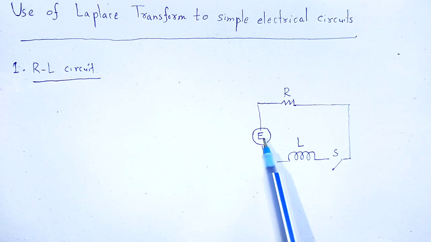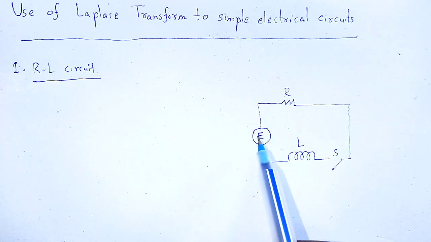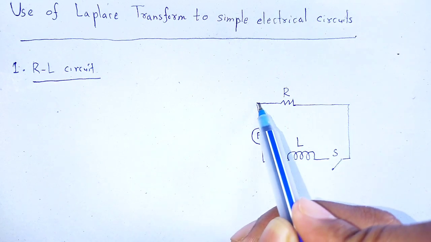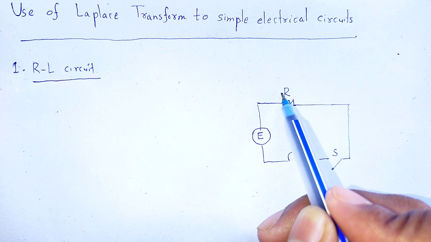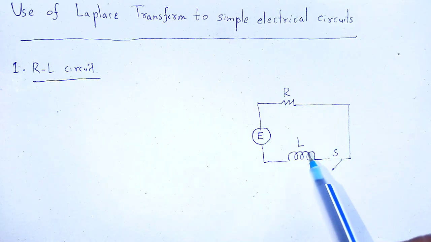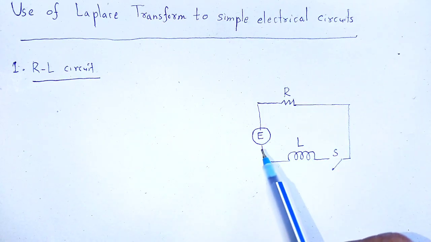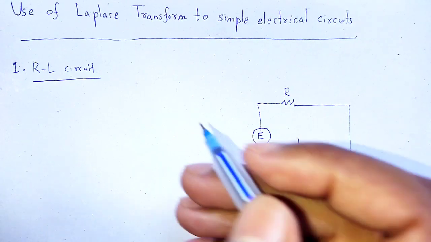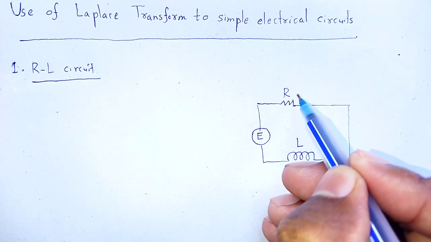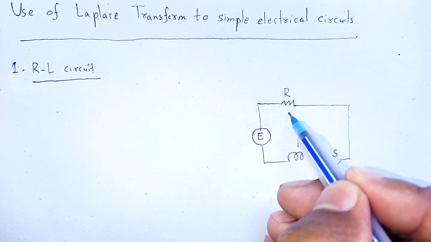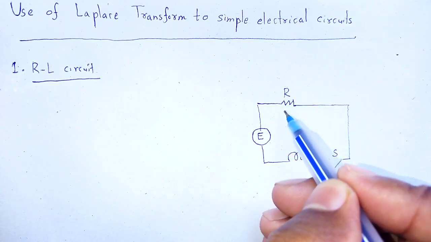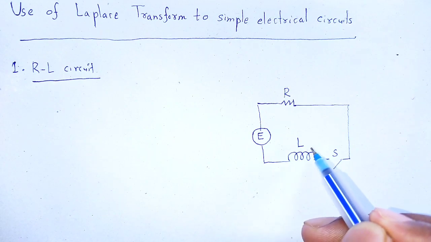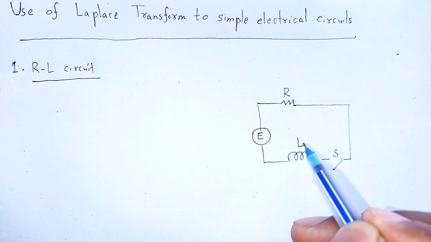So, the applied EMF is dropped across the resistance R and inductor L. From the equation of EMF, the potential drop across the resistance is I into R, and across the inductor it is L into di by dt.